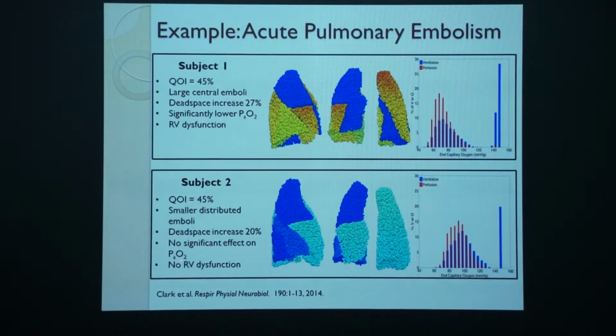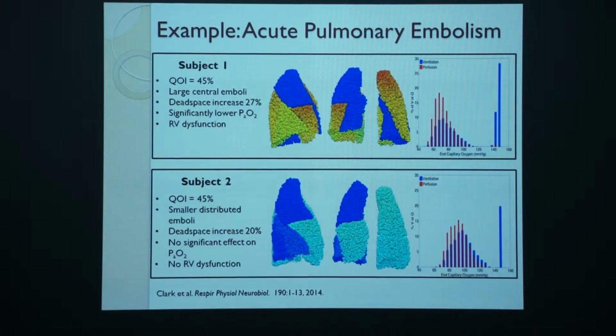And what we actually see is there is no significant change in this particular person's blood oxygenation, and there is no right ventricular dysfunction. So you can see that even with the same clot load scores, these patients behave differently.